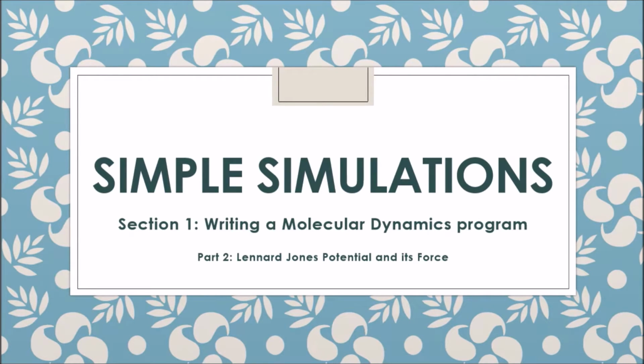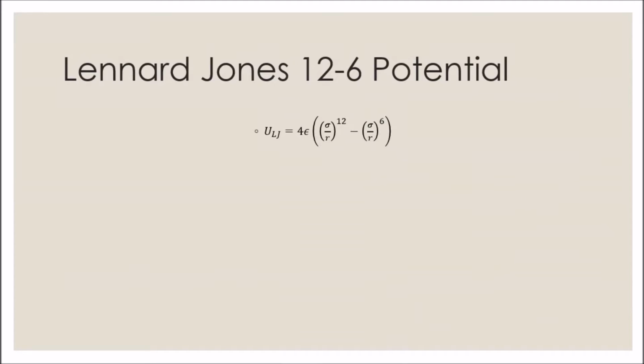So, it is very helpful if we can write a more efficient code in this part that would greatly reduce the time required to run a single simulation. So, Lennard-Jones potential can be of many types. One type is 12-6 potential.